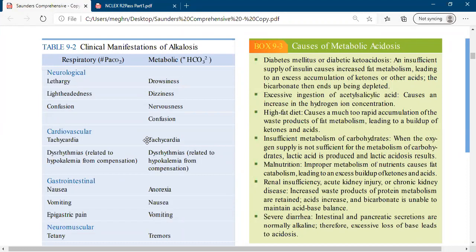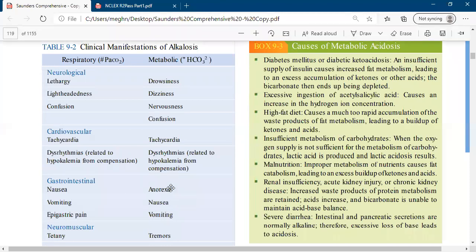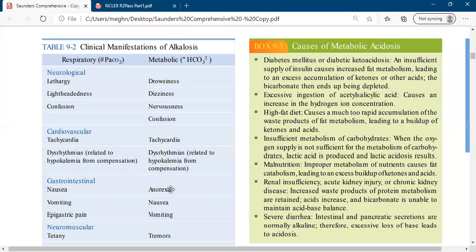If anybody has anxiety, they have tachycardia or palpitation. So one leads to the development of the other. So GIT problem, in case of respiratory alkalosis, the patient has nausea, vomiting or abdominal pain. Whereas in metabolic alkalosis, the patient may have nausea or vomiting, but no diarrhea here.